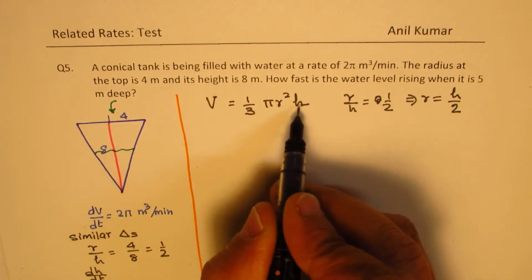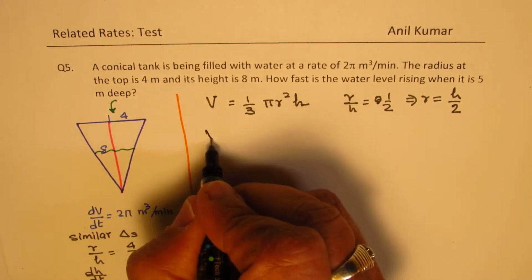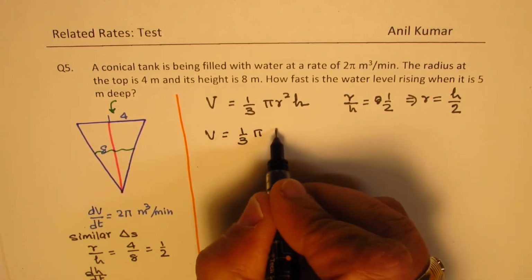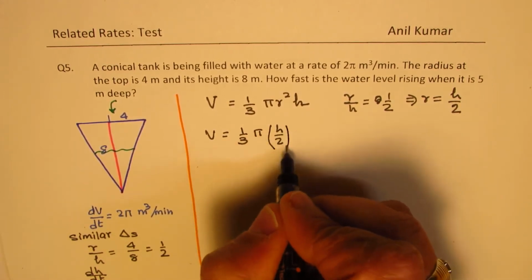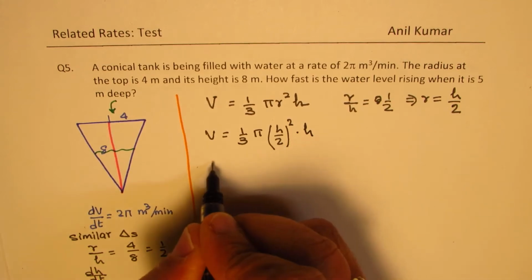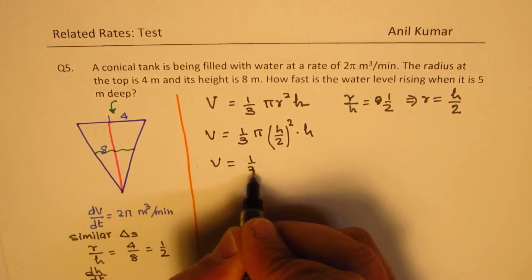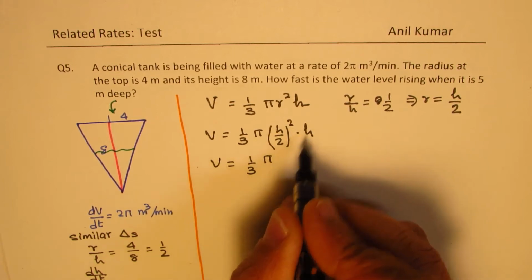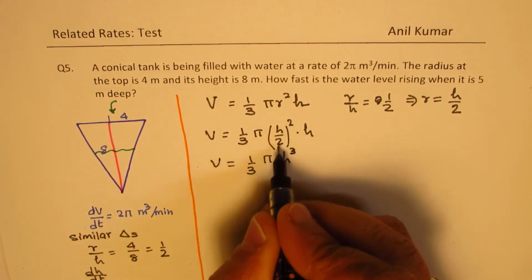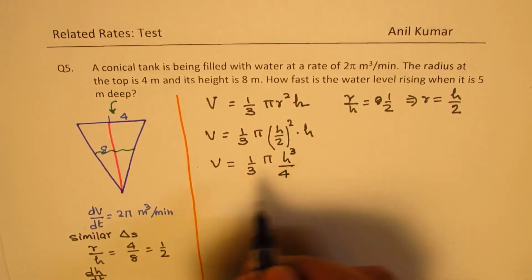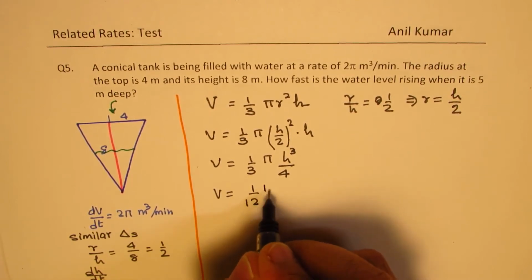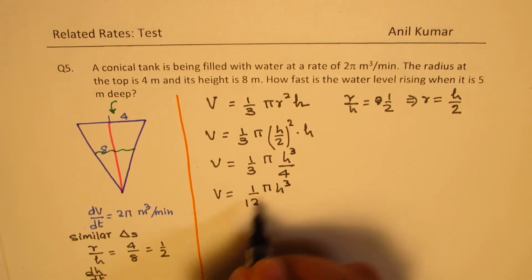Replacing that, we get the volume as 1/3 pi times (h/2) whole square times h, or you can say volume is 1/3 pi h square times h, which is h cube, and 2 square is 4. So we have volume as 1/12 pi h cube.